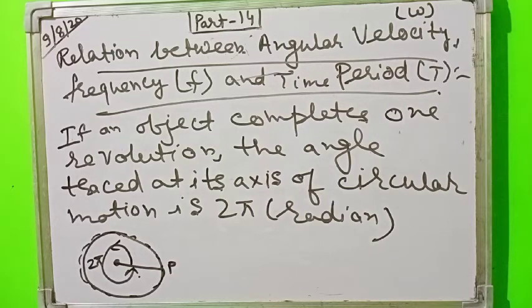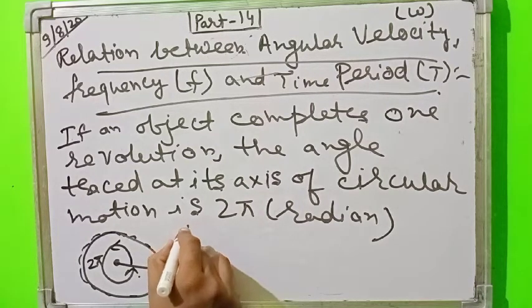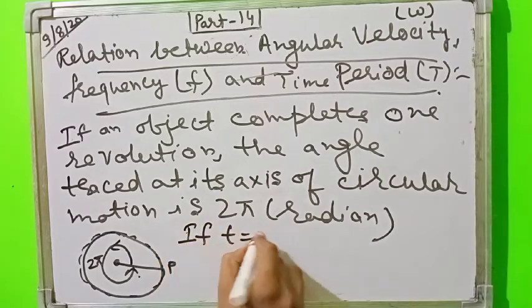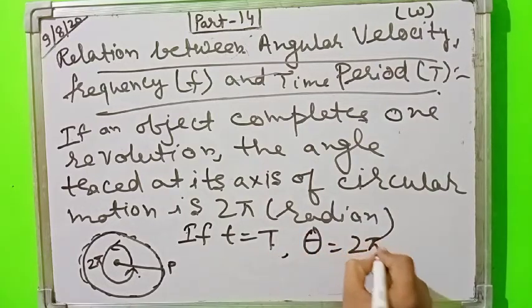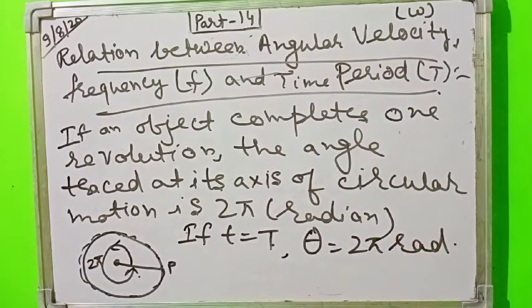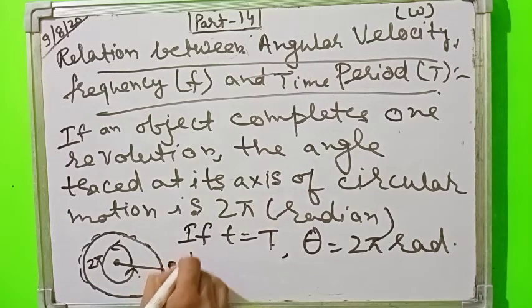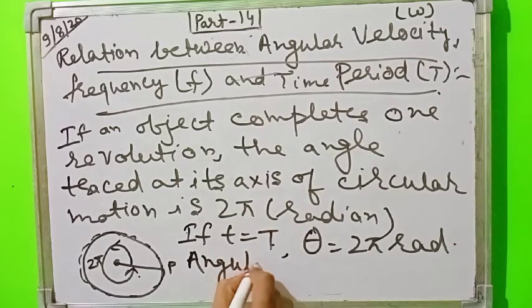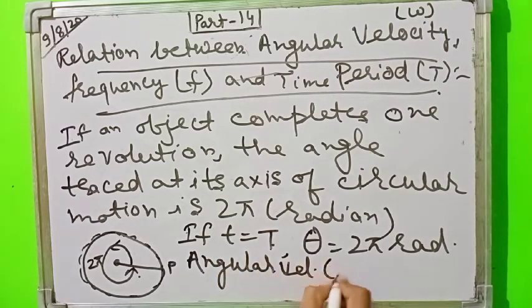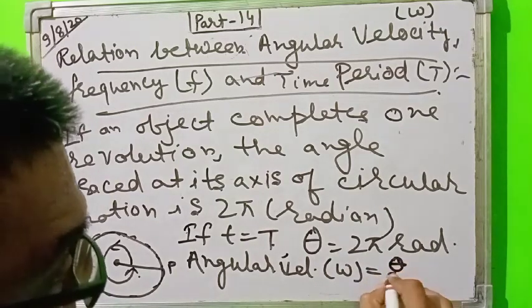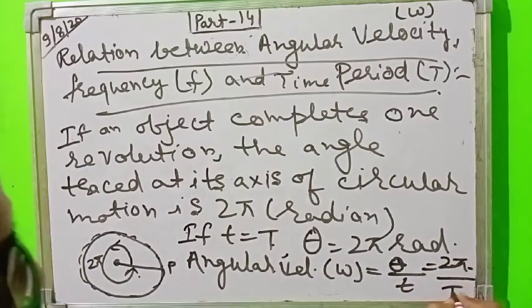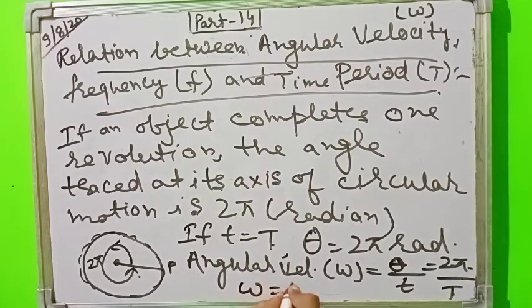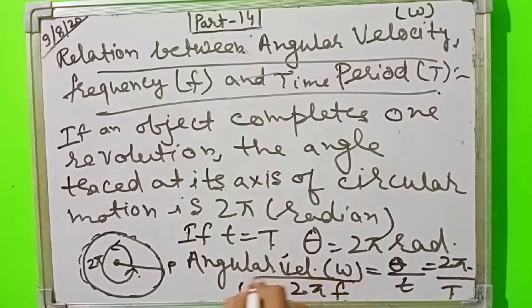So if time is equal to capital T, that is the time period, then theta is equal to 2 pi radian. So angular velocity omega is equal to theta upon t, and it is equal to 2 pi upon T, and we can write it as omega is equal to 2 pi f.